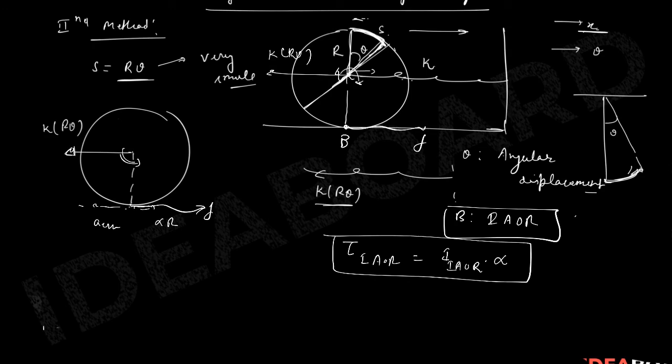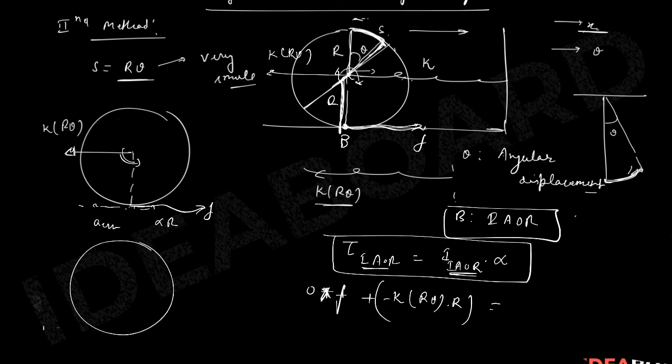And obviously torque about this point B: of course this friction force is passing through this point itself, so 0 into perpendicular distance is F, plus this kx, so K into R theta. Of course this will be with a minus sign because it is the restoring torque, and into perpendicular distance R. So this is going to be the net torque.